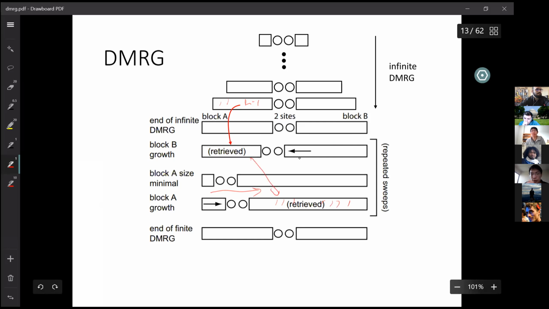So even if what you are retrieving is not exactly the 2L length system, it doesn't matter, because you will keep optimizing this basis choice in the future. I see. So the retrieval is also happening in the later steps. Okay, got it.